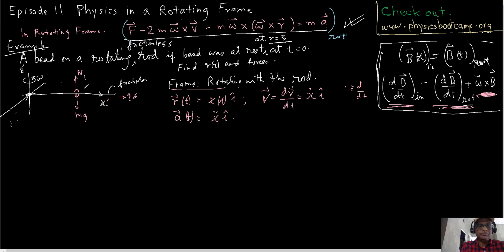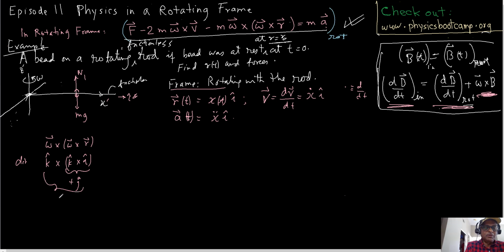And this guy, you will see that. Let's look at the direction. So omega cross r. This is along i hat, and this is along z hat, and this along z hat. Just the direction part. When you work this out, it's going to be minus plus j hat, and when you work this out, it's going to be minus i hat, and with this minus, it's going to be plus i hat.